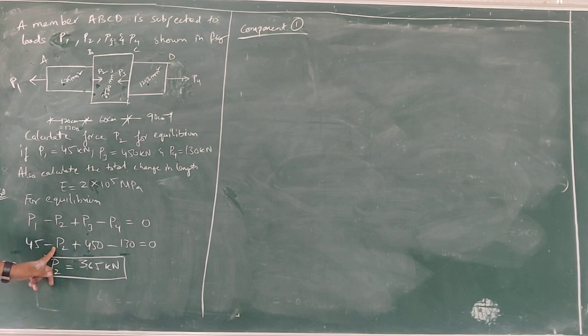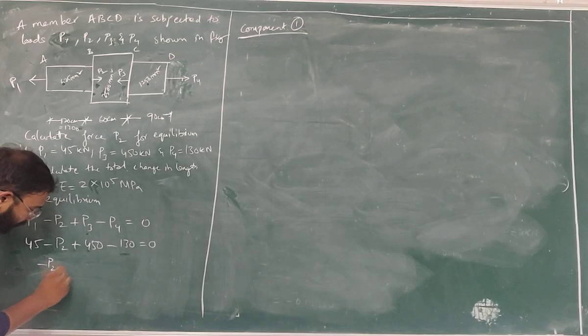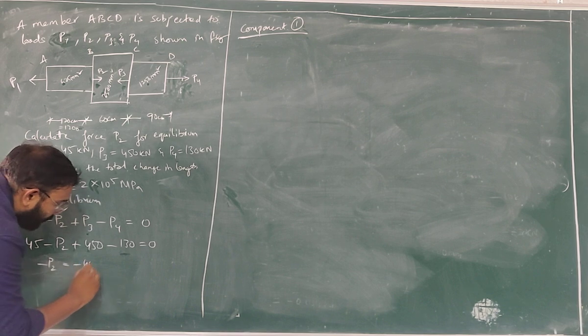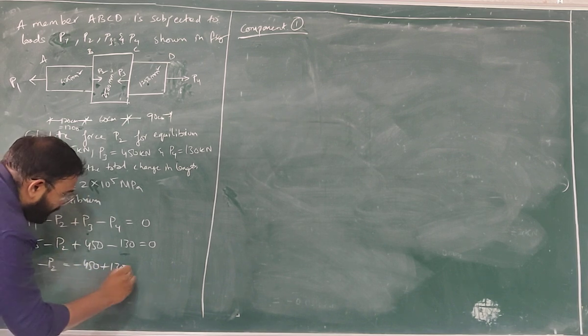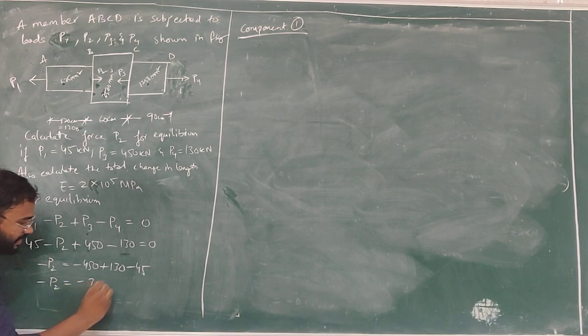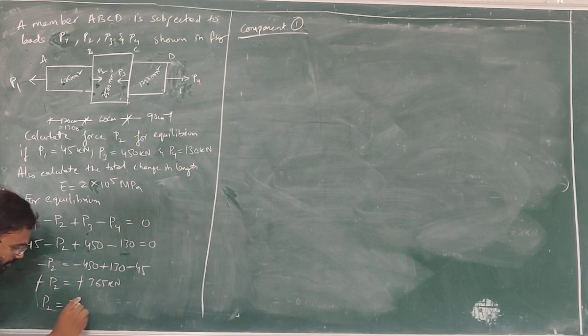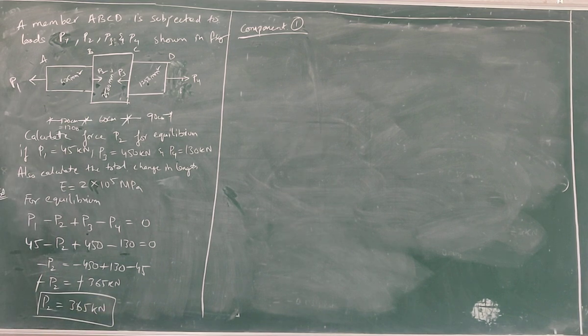Negative of this P2 will be cancelled, right? Minus P2 is equal to minus 450 plus 130 minus 45. Minus P2 is equal to minus 365 kilonewton. Or P2 is equal to 365 kilonewton. Correct? Next, component 1.